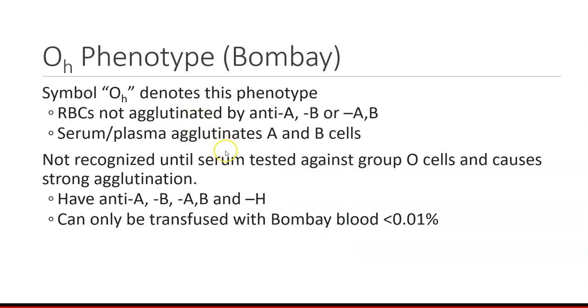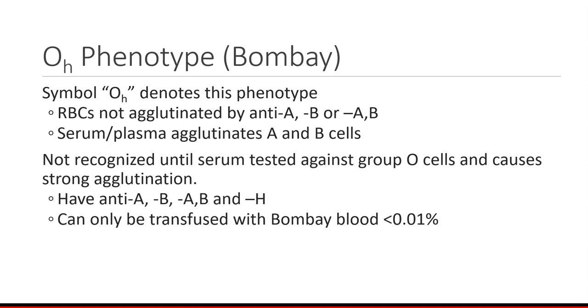So again, Oh-h denotes the phenotype of the Bombay. The red cells are not agglutinated by anti-A, anti-B, or anti-A,B. The serum or plasma agglutinates A and B cells. It's not recognized until the serum is tested against group O cells and causes strong agglutination. These individuals have four ABO antibodies in their plasma.